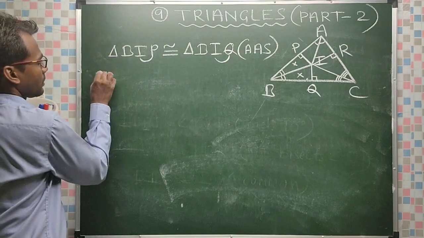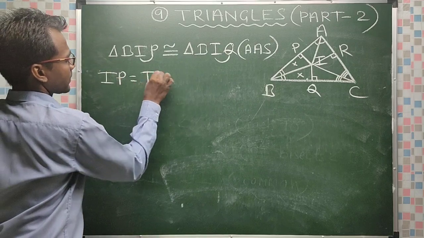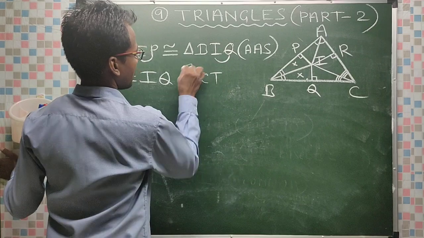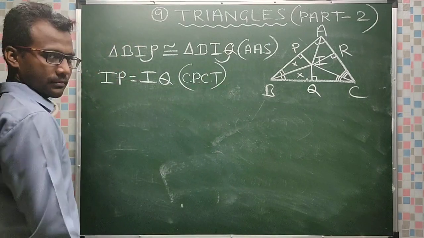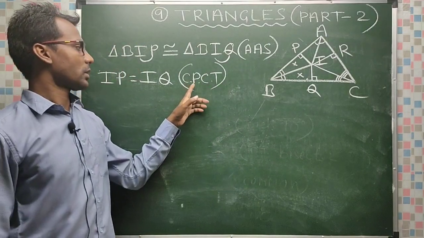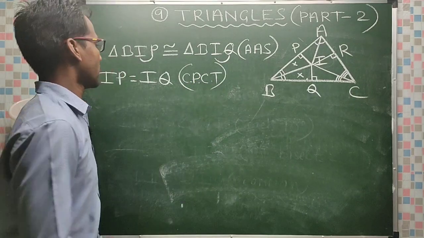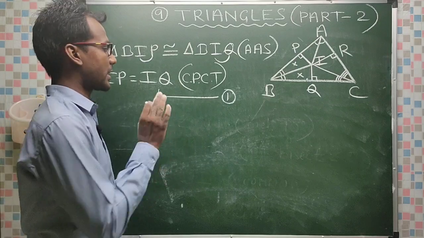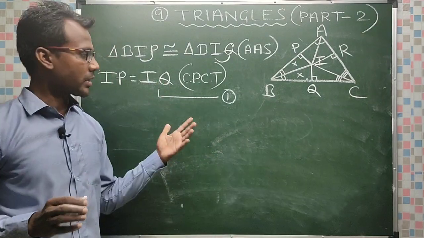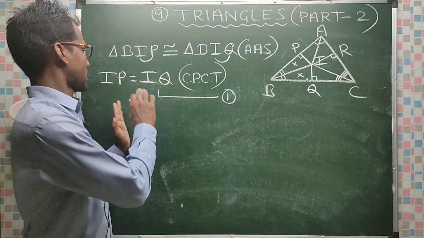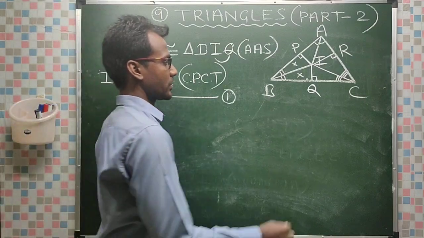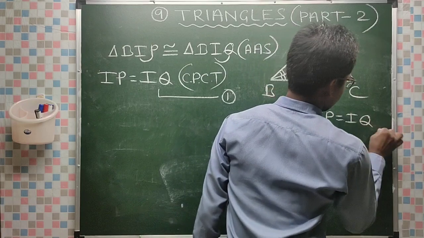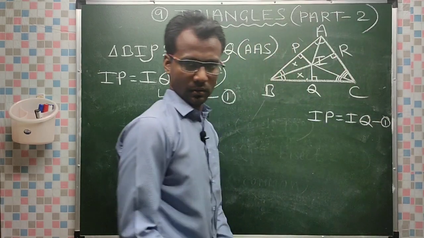We got IP is equal to IQ, by CPCT, corresponding parts of congruent triangles. Let it be equation 1. We will need it later. For that reason I have given equation 1. I will be erasing this, but you have to write this. IP is equal to IQ. Suppose here I am writing IP is equal to IQ. This is equation 1.